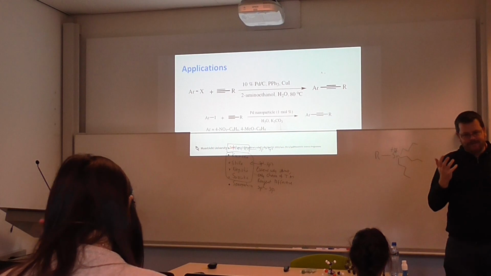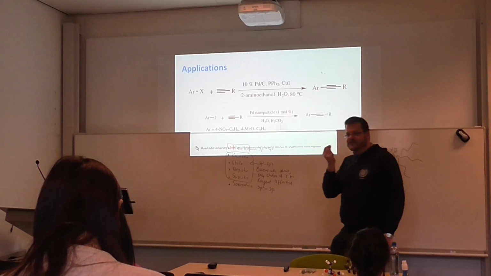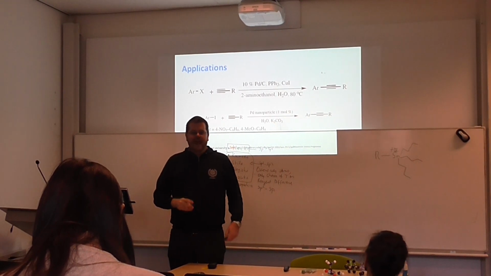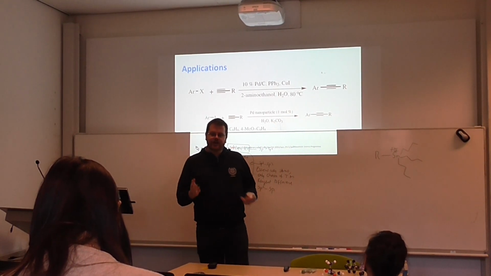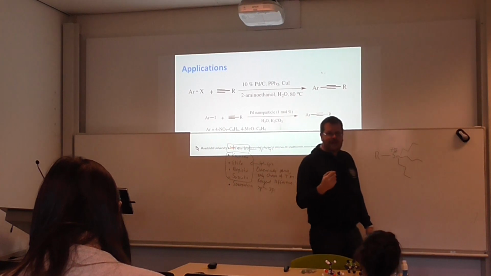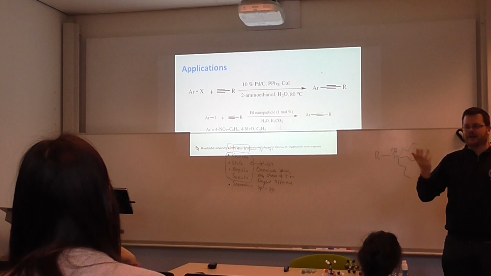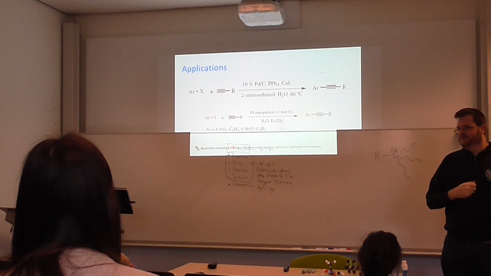So you now have a lot of tools at your disposal to build fabulous molecules, right? And this is where a person can start being extremely creative in designing a synthesis for making a fabulous molecule, right?